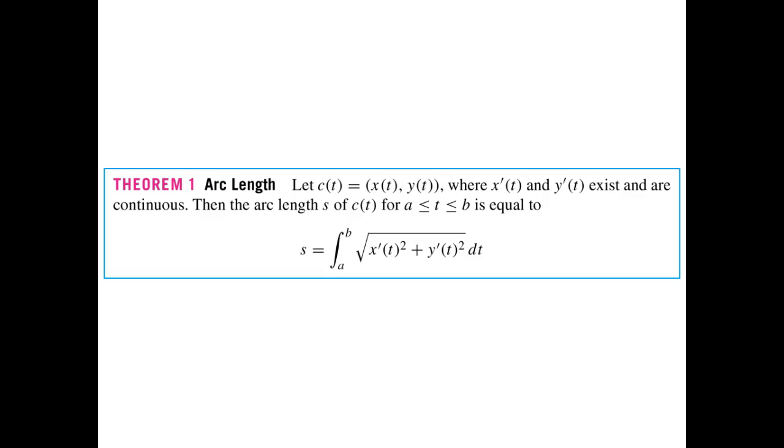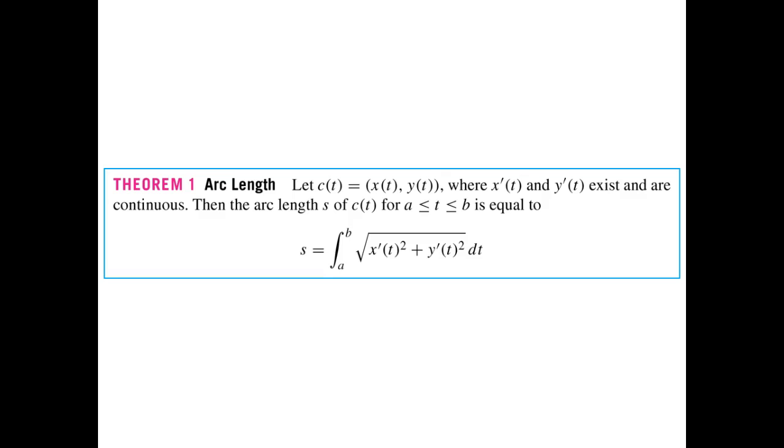And let this be defined as your x of t, y of t. That's a two-dimensional curve on a plane. The x of t is a function of t, the independent variable t. y is a function of independent variable t. And then when you combine those x, y ordered pairs together, you get your pathway or your curve.